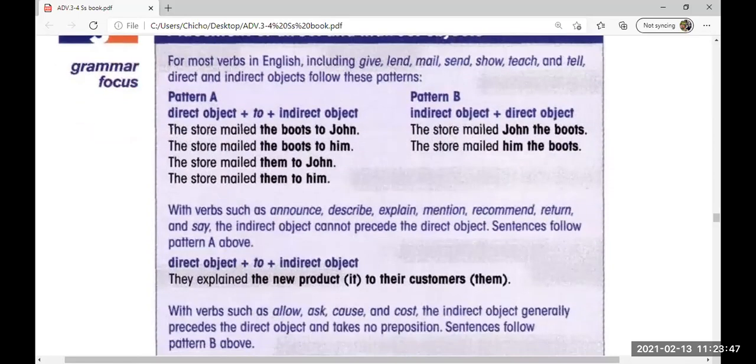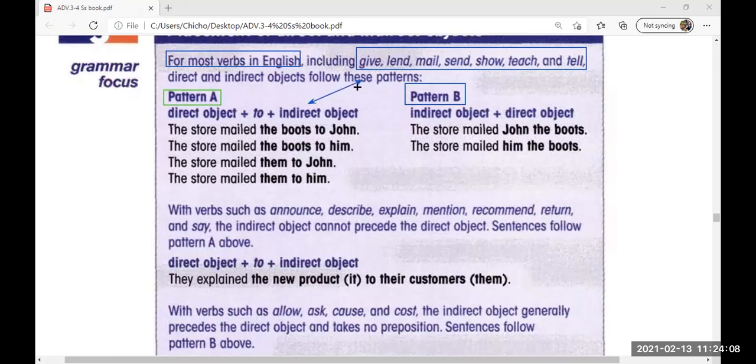As you can see, we have two patterns here. Pattern A, and here we have pattern B. So most verbs in English, and these ones that we have here, follow both patterns. Pattern A and B.